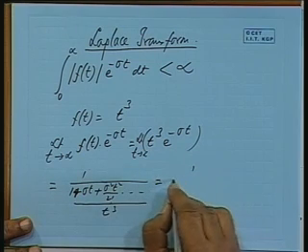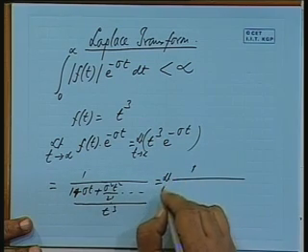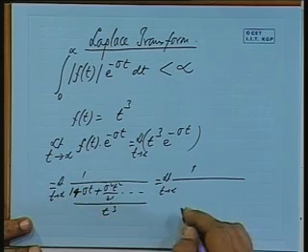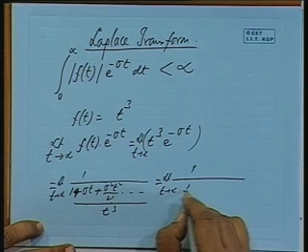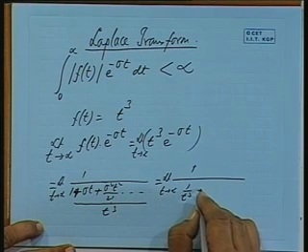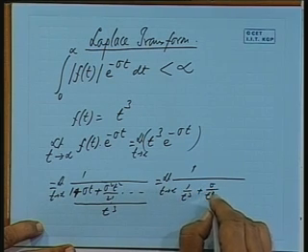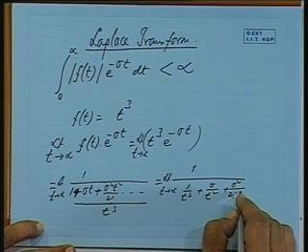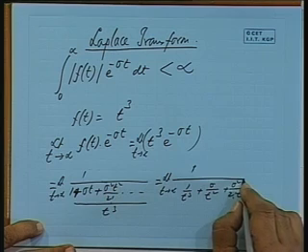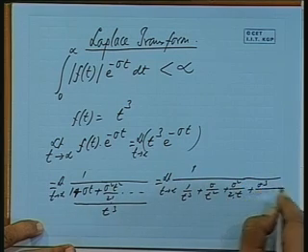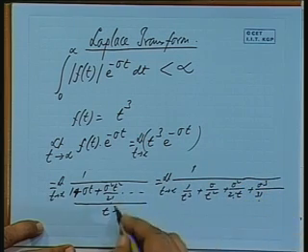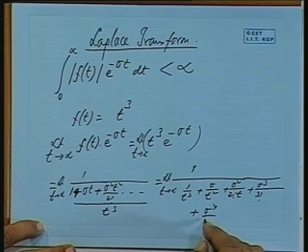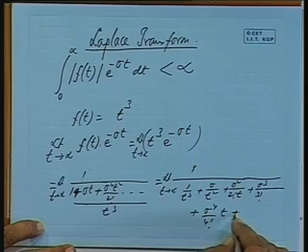So, this will be 1 by limit t tending to infinity of 1 by t cubed plus sigma by t squared plus sigma squared by factorial 2 t, and so on, plus sigma cubed by factorial 3, where t cubed gets cancelled, and after that you get sigma 4 by factorial 4 t and so on.